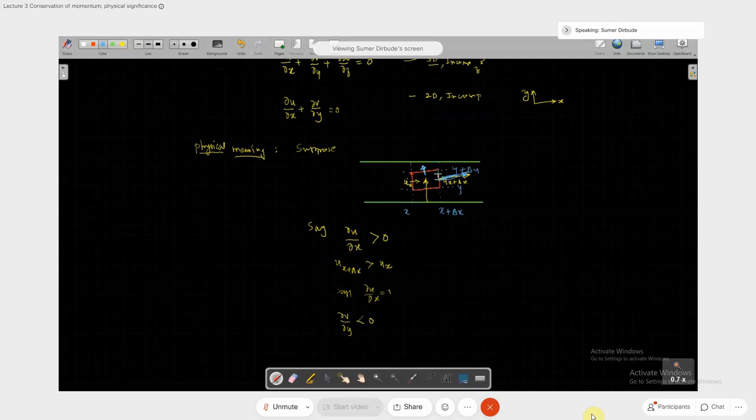So the flux in x, you got the meaning. In order to have a constant mass in the system, if your ∂u/∂x is greater than 0, then your ∂v/∂y should compensate for the change in such a way that the total mass of that system remains constant. Therefore, ∂v/∂y should be less than 0.